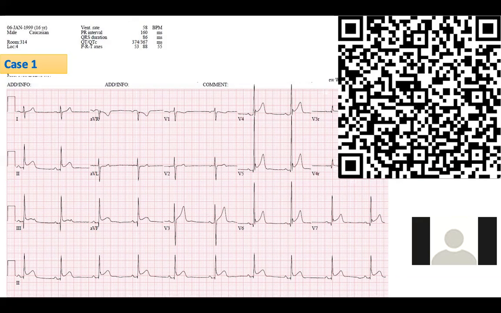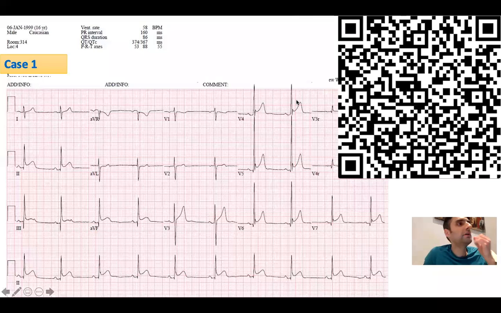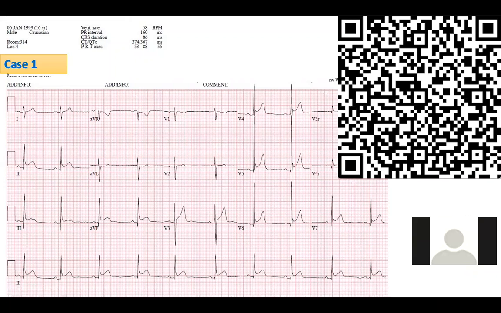Maybe ischemia. Okay. Ischemic change. What else could it be? Early repolarization. Okay. And an abnormal Q wave in lead 3. Abnormal what? We have an abnormal Q wave. Where? Lead 3.